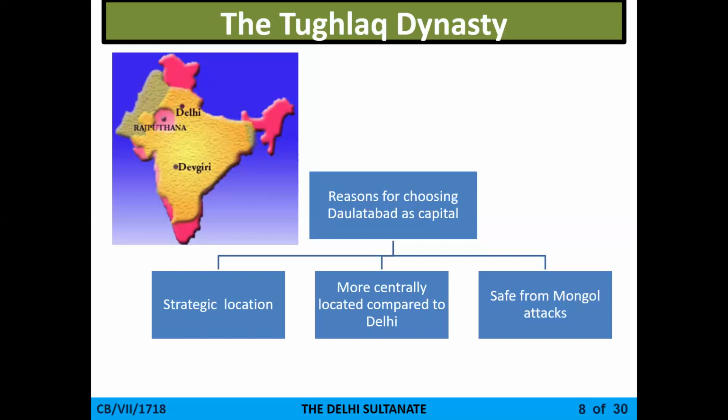But still, the distance from Delhi to Devgiri was so long, almost 1500 kilometers, that people found it very difficult and many people died on the way. When he realized his mistake, he ordered people to move back to Delhi. So in this way, his second reform also failed and the government suffered huge financial losses.